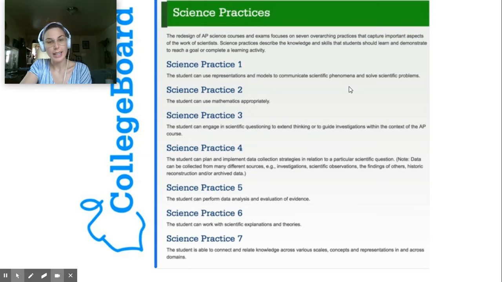Okay. Science practice 2 is all about using mathematics properly and appropriately. So why? Well, essentially in this class, we're going to be either collecting evidence or interpreting other people's evidence. And for you to really interpret, especially quantitative evidence, you need to have math practice and math skills.